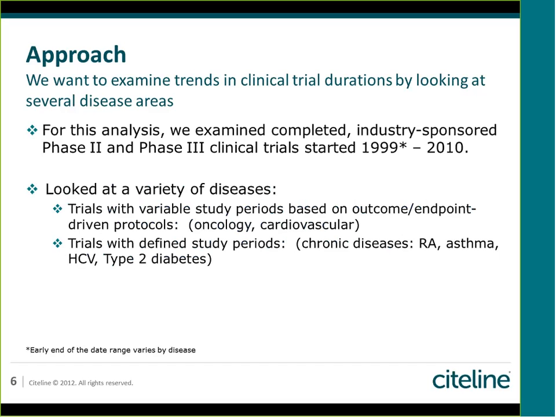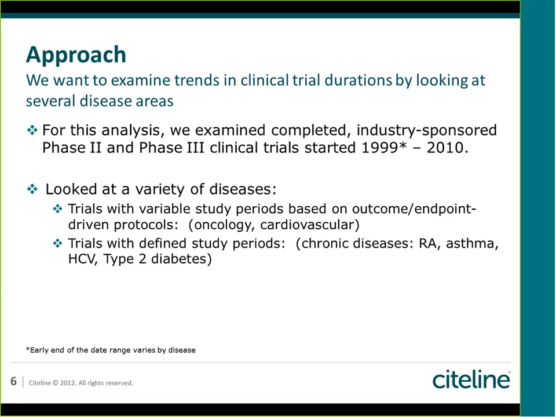internal processes of when we began collecting data for a particular disease, and also how readily available those data sometimes are. We looked at a variety of diseases. We looked at diseases that involve trials that have variable study periods that are based on outcome or endpoint-driven protocols, such as those that are found in oncology and cardiovascular. For example, trials that are based on patients reaching a certain outcome, like progression-free survival in oncology, or events such as the occurrence of a stroke in cardiovascular.